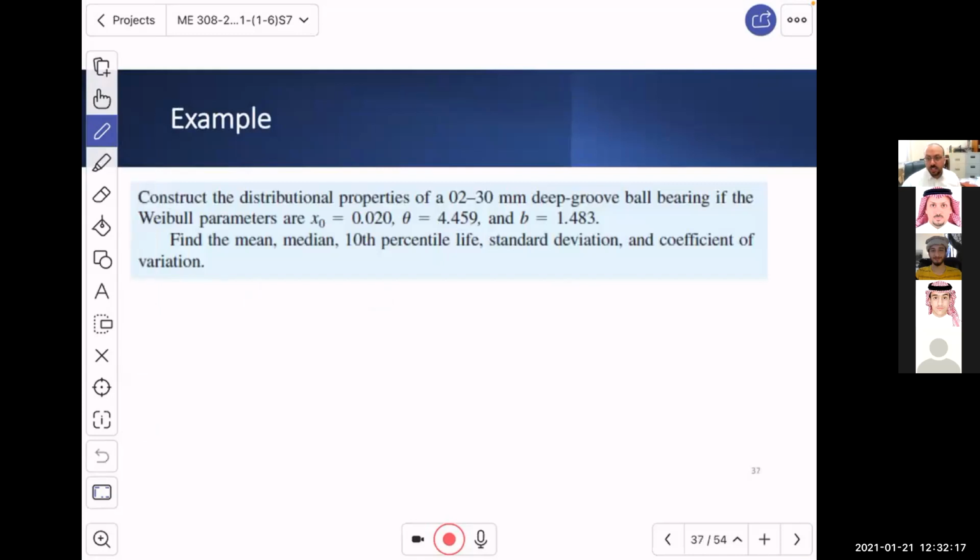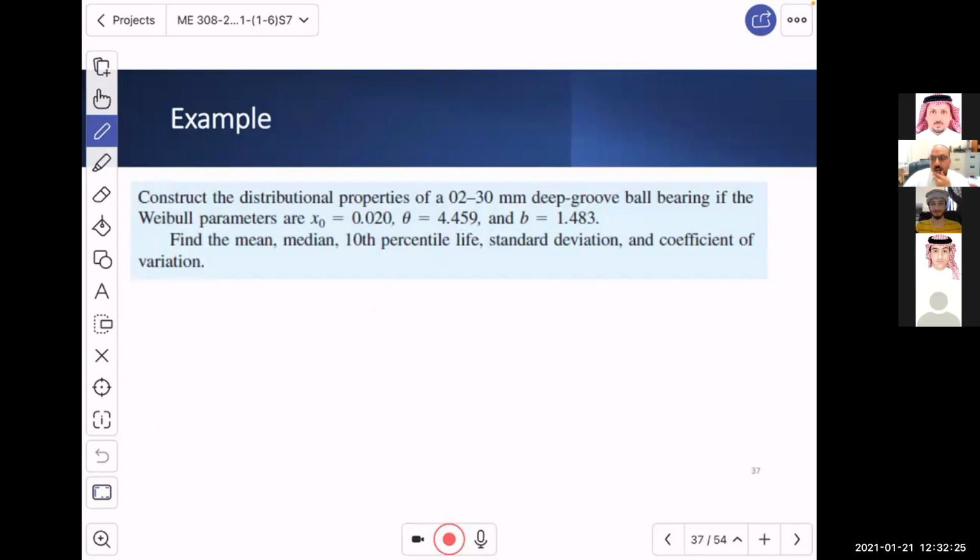So let's look at this example. This example says that we want to construct the distributional properties of a 0 to 30 millimeter deep groove ball bearing if the Weibull parameters are x0, which equals 0.02, theta, which is 4.459, and b, which is 1.483.